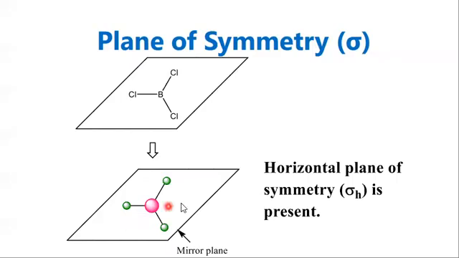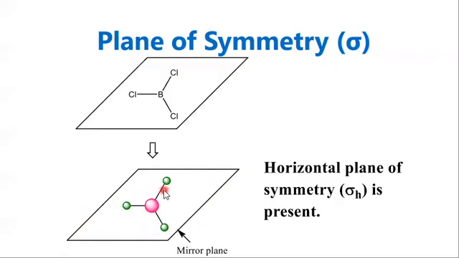Now we are placing the mirror through the plane of the boron trichloride molecule. Since all these boron and chlorine atoms are spheres, we are placing the plane through the center of each atom.